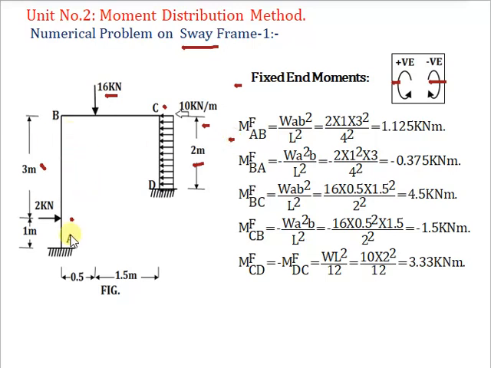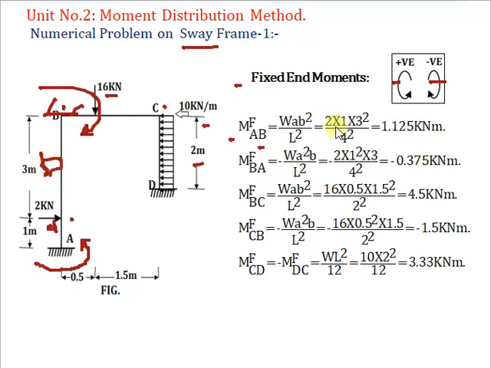Member AB. Consider B end as a fixed end. Load acting on AB is 2 kN point load. So due to load, the fixed end moment will be generated at the end A and B. So MFAB is equal to W a b square by L square, where a is equal to 1 and b is equal to 3.